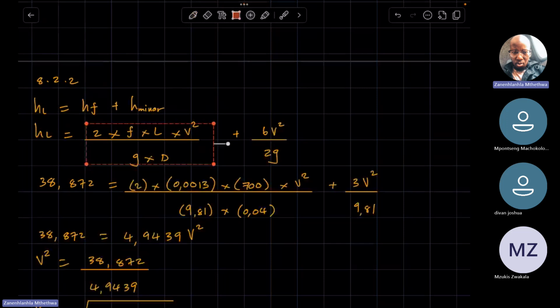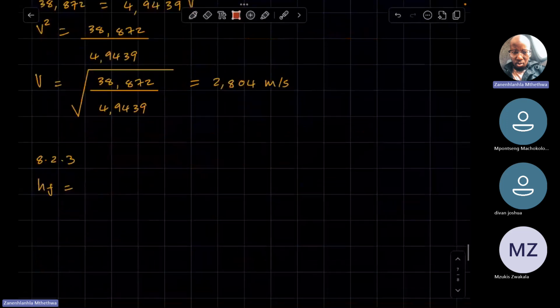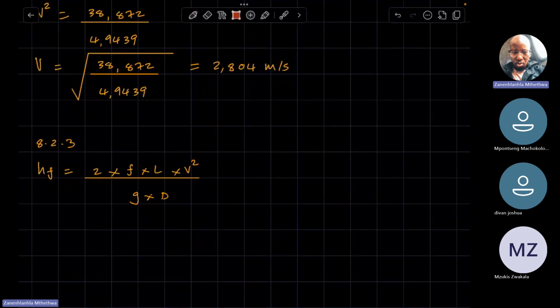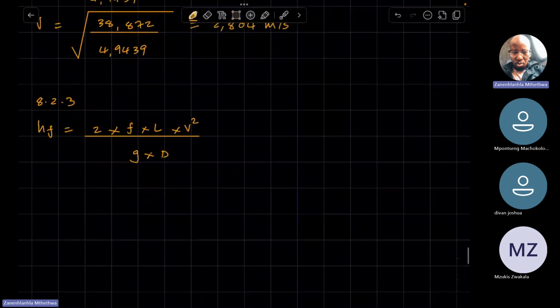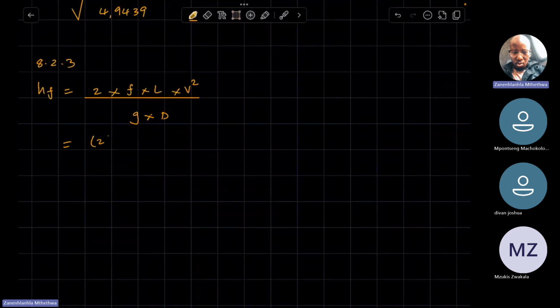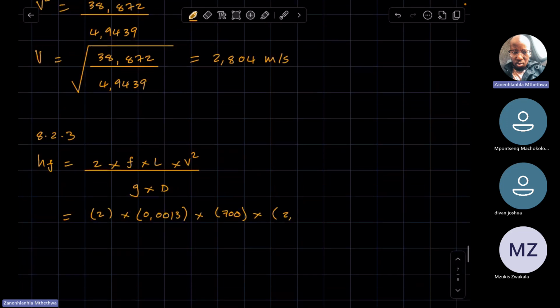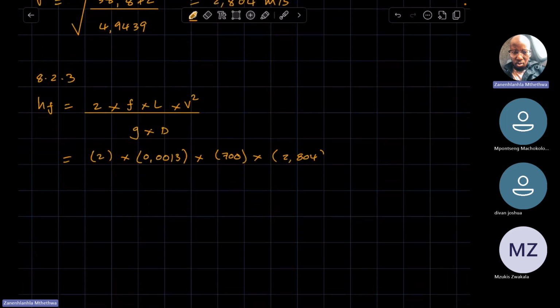HF, we've already established, is equal to this. So now you substitute 2 times 0.0013, length, which is 700, and then V we've calculated and got 2.804 squared divided by G, which is 9.81.